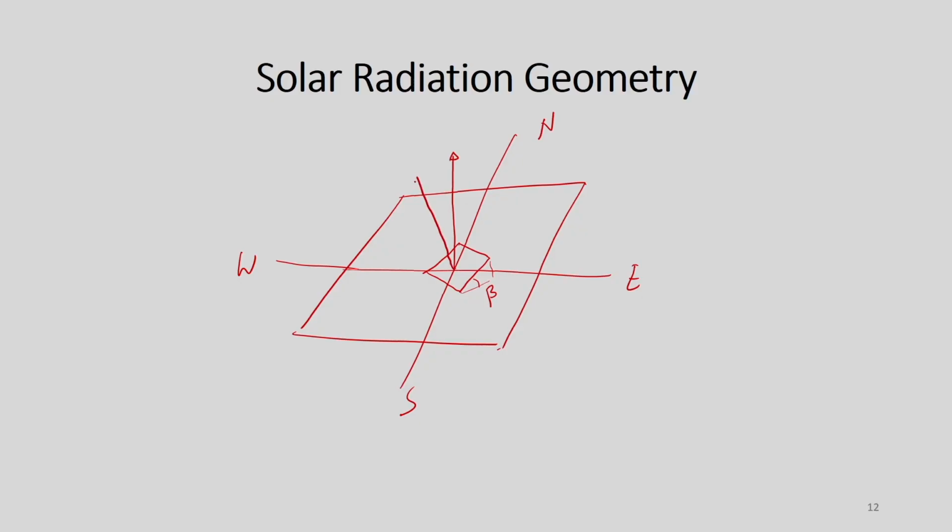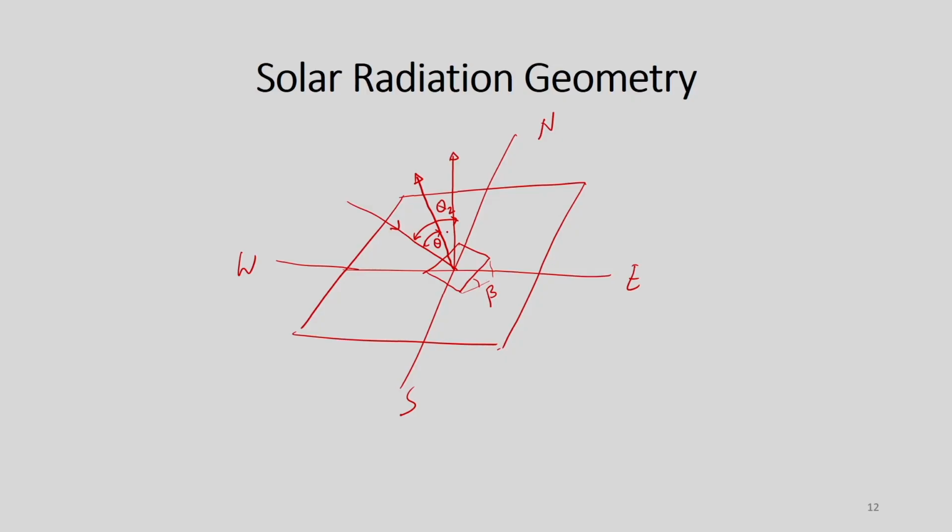Solar radiation will fall here, and already you know this angle is theta, and this angle is theta z, because theta z is the zenith angle and theta is the incidence angle.